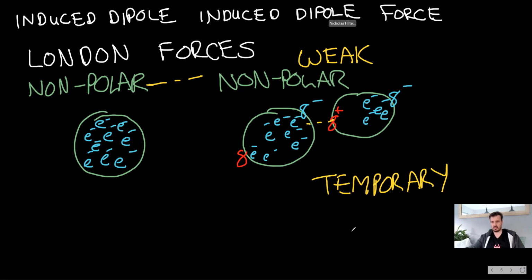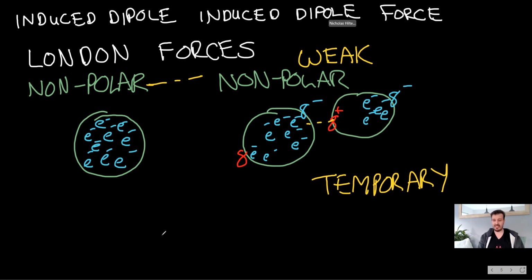And again, we can think of the practical example of oxygen gas, which is somehow staying together. And that is because the electrons in the oxygen atoms are moving and therefore being somewhat polar at certain times, creating then a weak dipole, non-polar, induced dipole force, or London force.